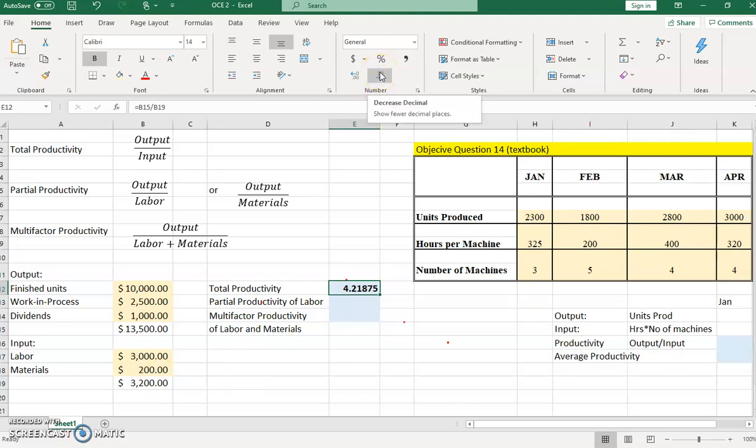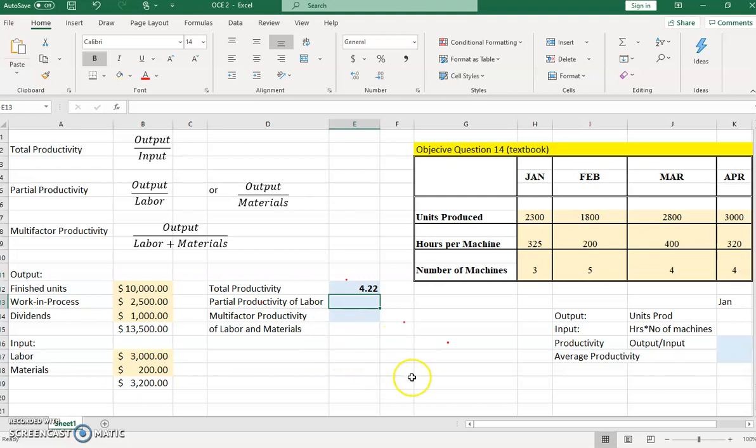See, this one says it decreases the decimal, this one increases the decimal. So if I click on this, it decreases the decimal. So the total productivity is 4.22. And this is dollars over dollars, so it doesn't have any units basically.